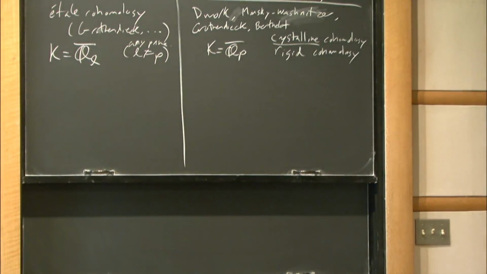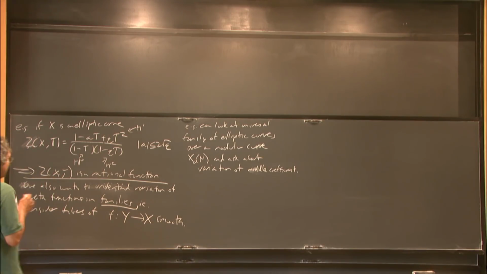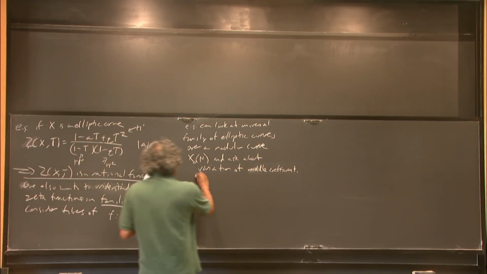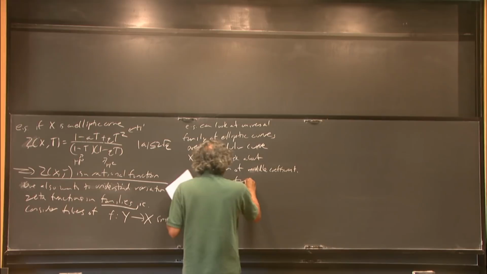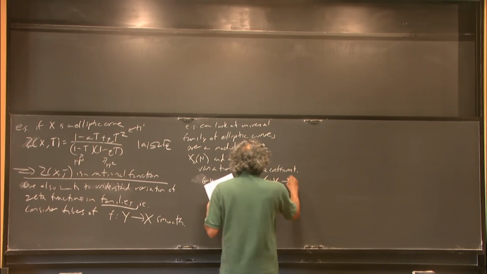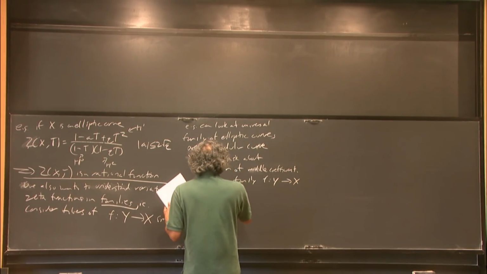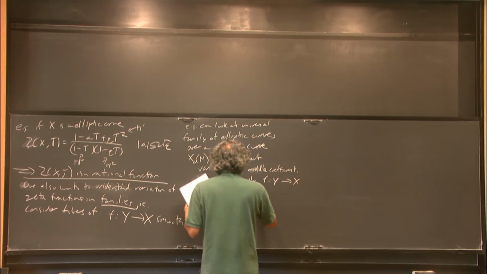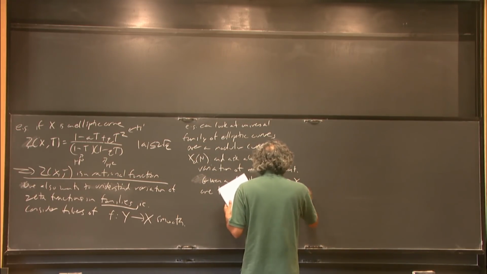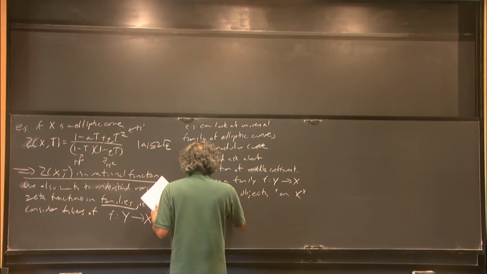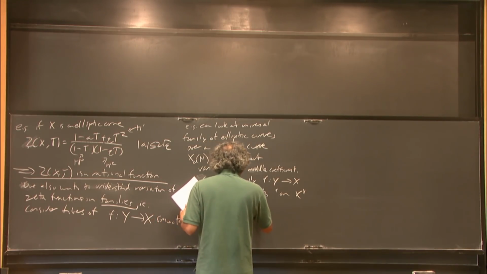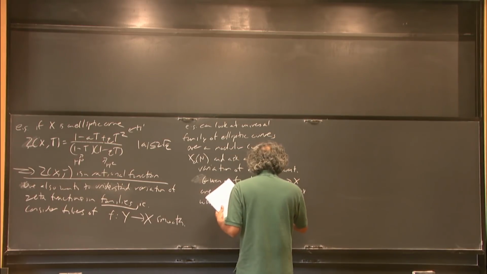So for example, you can ask, given a family of varieties, are there objects, so to speak, on X, whatever that means, which interpolate the cohomology of fibers?